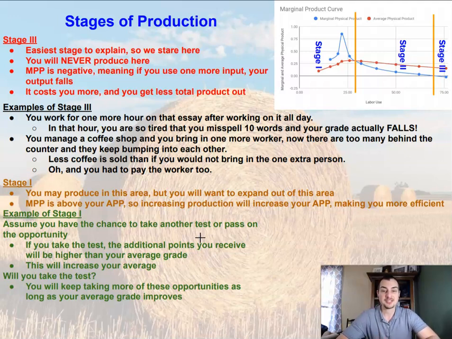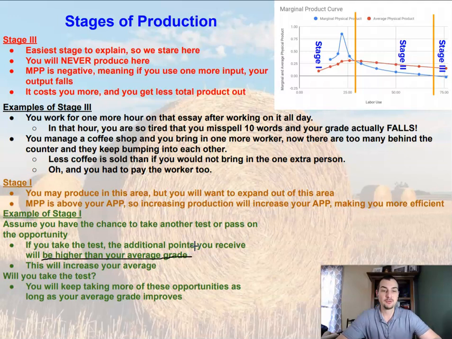So let's take an example of stage 1. So let's assume that you have the chance to take another test or pass on the opportunity. You currently have maybe a B or C in the class or something like that, and you have another chance to take, maybe you're given the optional final or an optional midterm or something of that nature. If you take the test, the additional points that you would receive will be higher than your average grade.